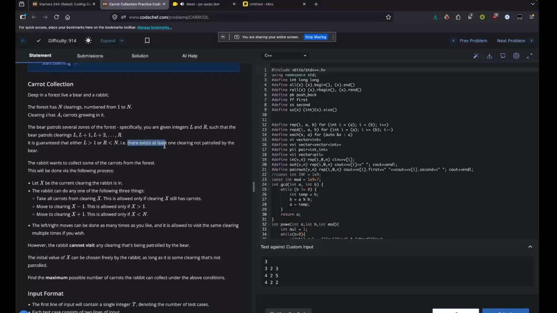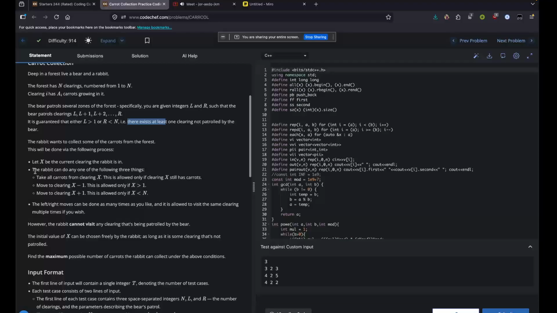That is, there exists at least one clearing not patrolled by the bear, and the rabbit can move one step adjacent left, or adjacent right.